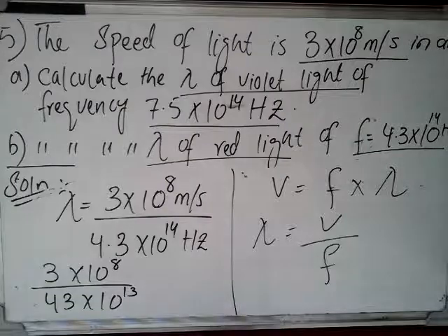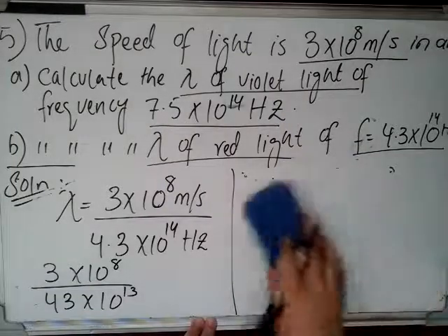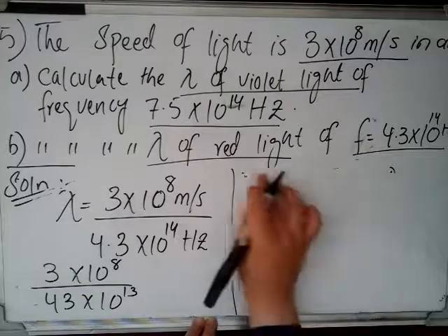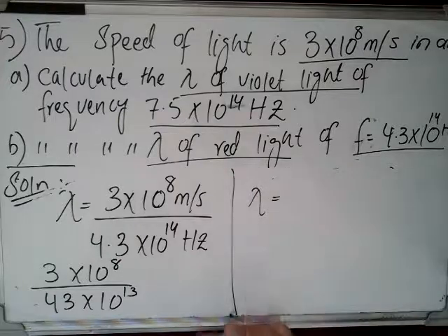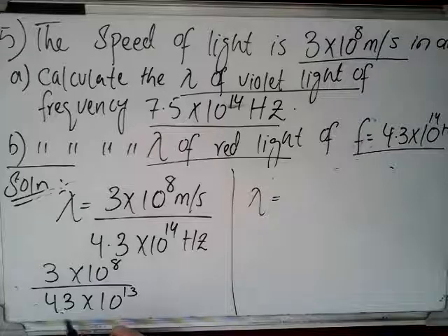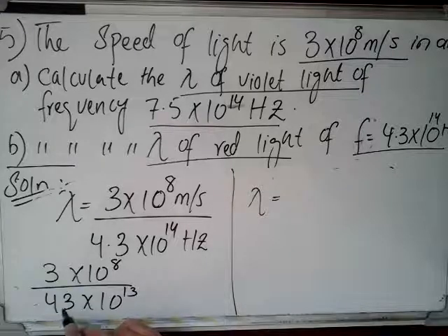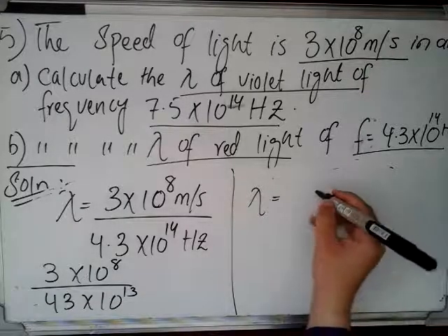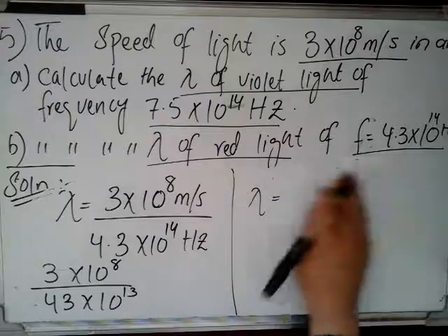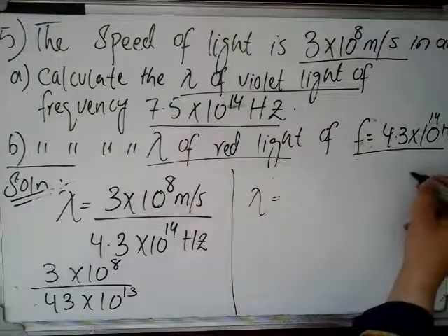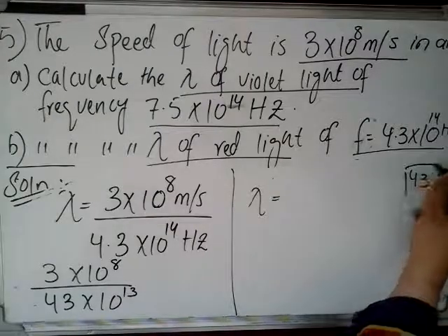So the wavelength would become 3 divided by 43. Let's divide this value.